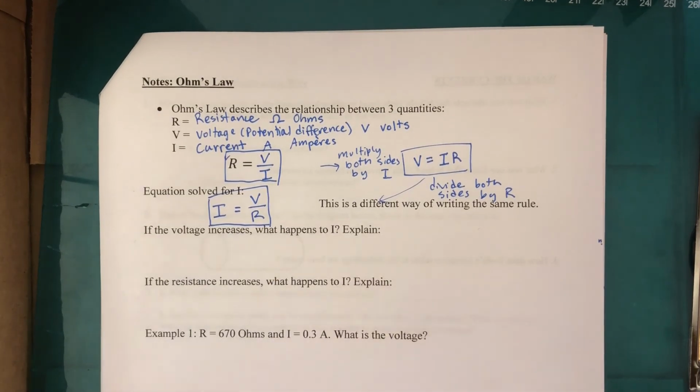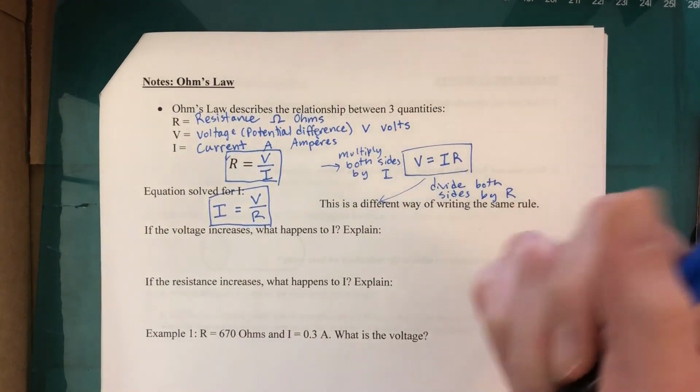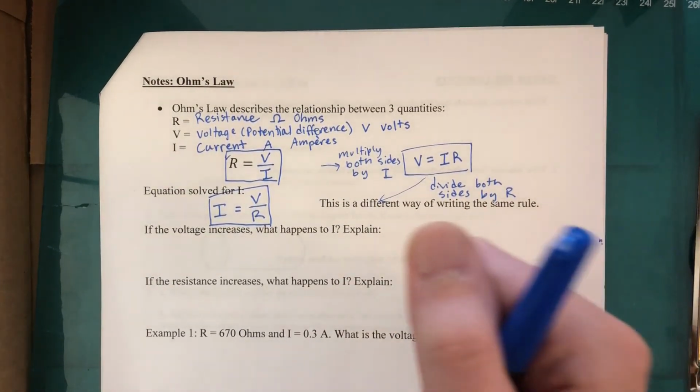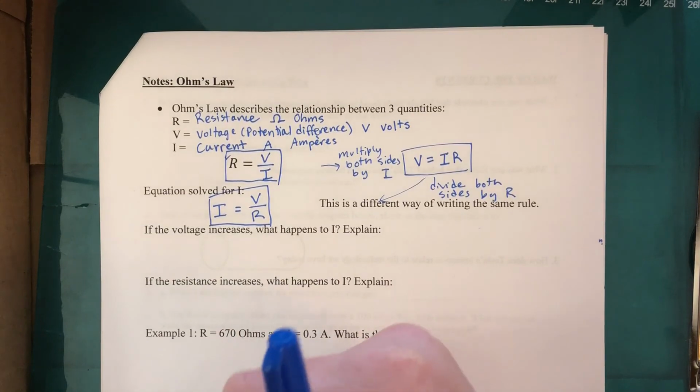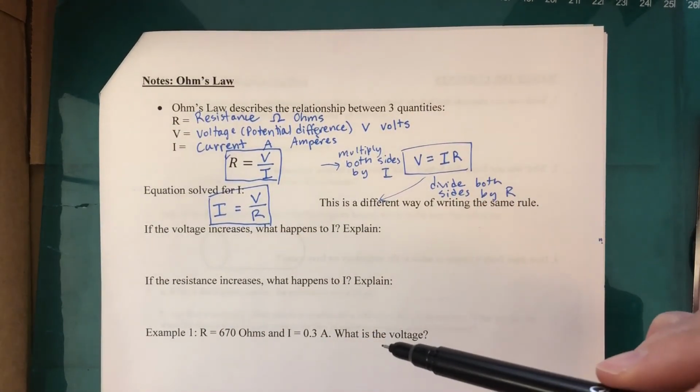This third way is the one that makes the most sense in terms of physics, because usually the voltage is something that you control in an experiment. You use a battery with a certain amount of known voltage. You use a resistor with a certain amount of known resistance.